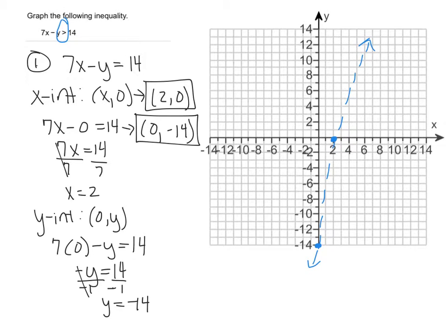Now I want to decide what side of the line to shade to represent all of my solutions to the inequality. So I'm going to choose a test point, and you want to choose a test point that is not on the line. So I'm going to choose (0, 0). This is an easy point to choose, and it's not on my line, so I can go ahead and choose it.